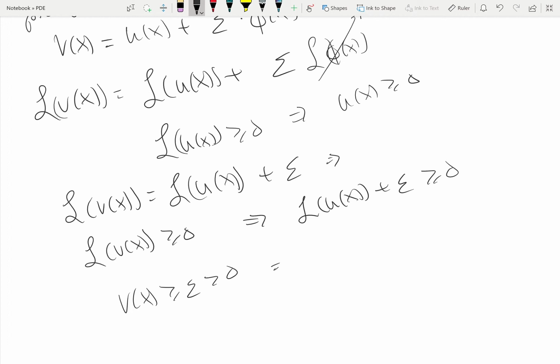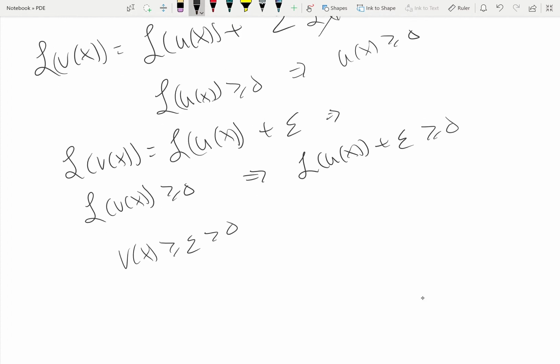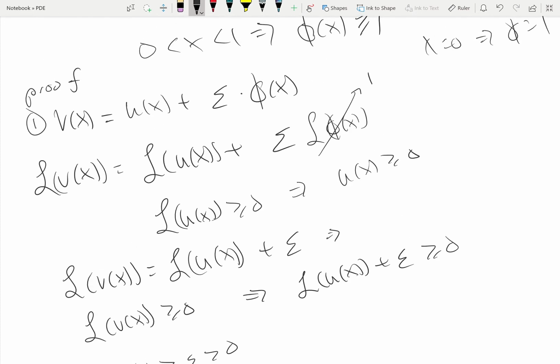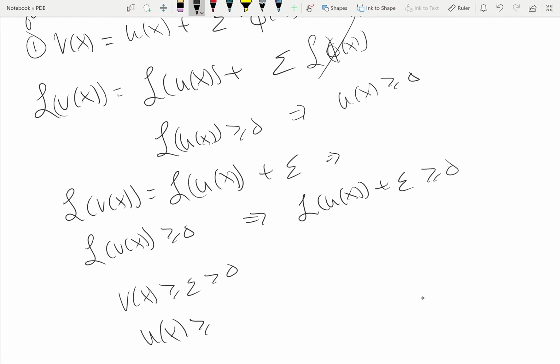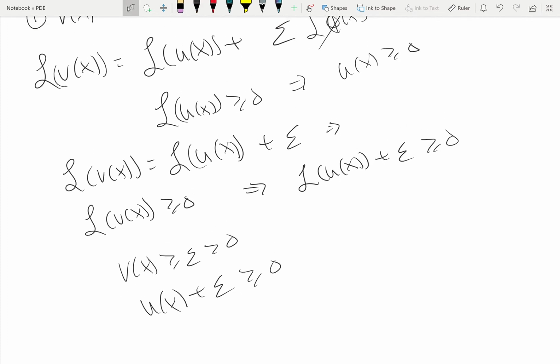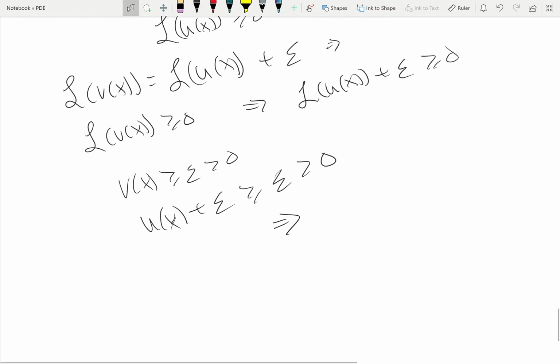And we also know that, so we can rewrite this by equation 1, that u of x plus epsilon is bigger than or equal to 0. Going kind of crooked. Is u of x is bigger than or equal to epsilon, which is bigger than 0, which implies that u of x is bigger than or equal to 0.